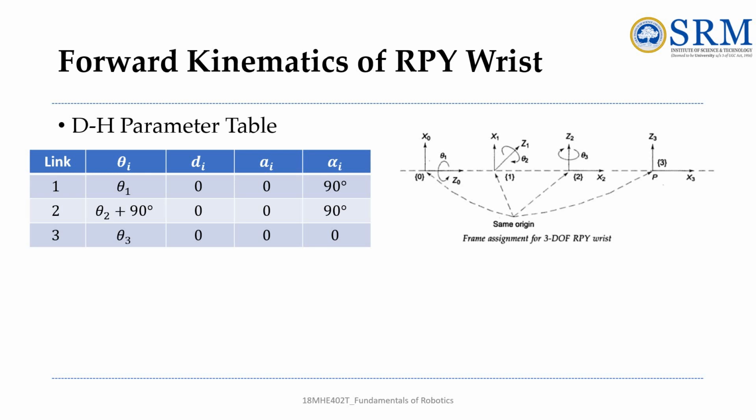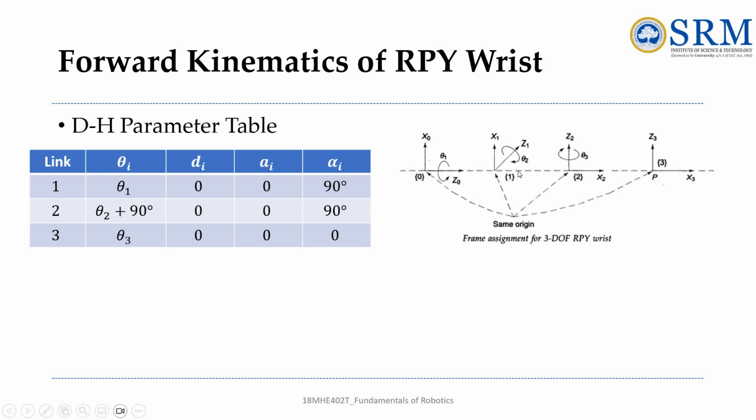Okay, so theta is the angle along the common axis, that is z axis, so you have here theta 1. Okay, and there is no offset, so d is 0, and no link length, that is a. Okay, offset is d and a is link length, that is also 0. So alpha is here rotation about x-axis, so that is 90 degrees.